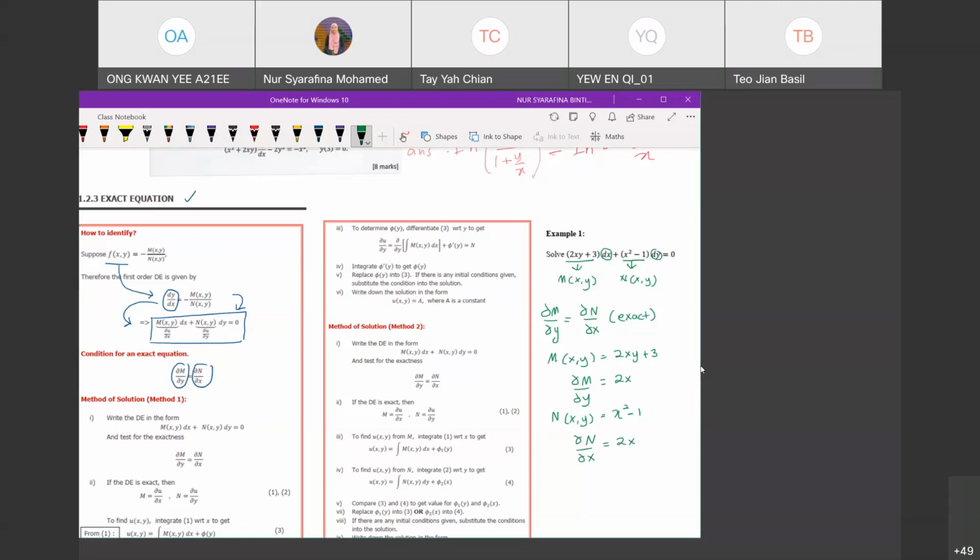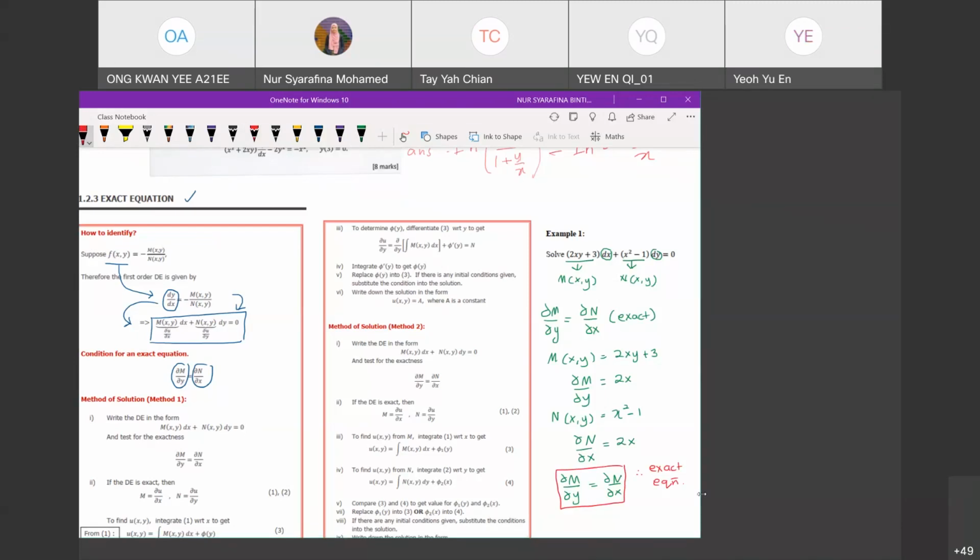So now, as you can see, del M del y equals del N del x. If these two are equal, then we can say it is an exact equation.